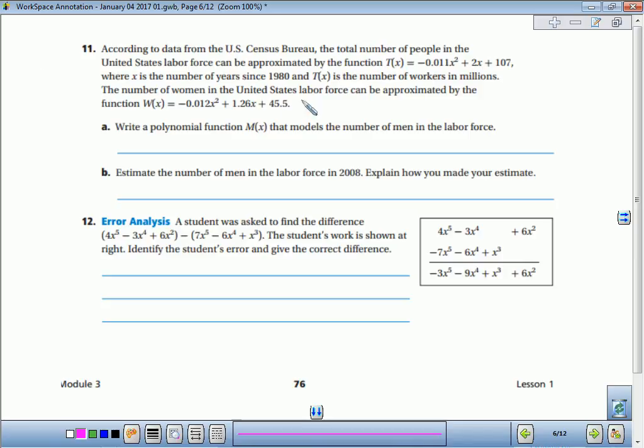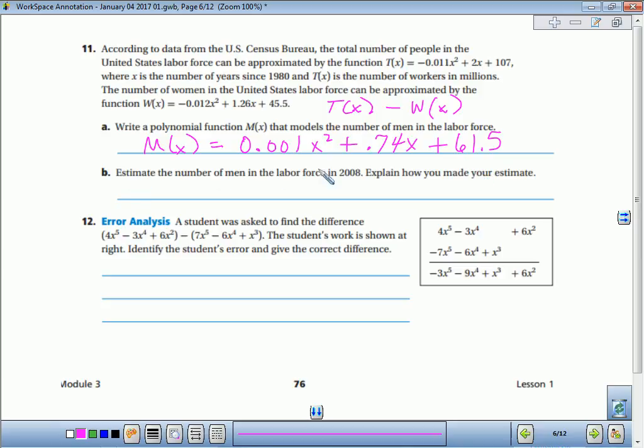So all you would have to do is take d of x and subtract from that w of x. And so we would get a function m with respect to x, which is 0.001x squared plus 0.74x plus 61.5.